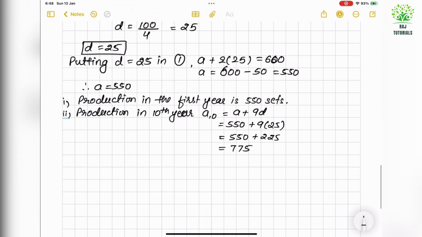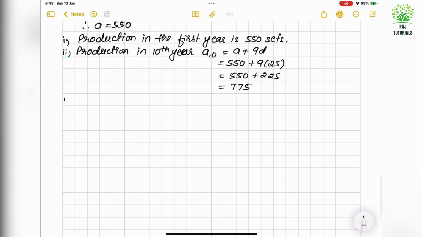And the third one he has asked me, that is, let me say, total production in 7 years.